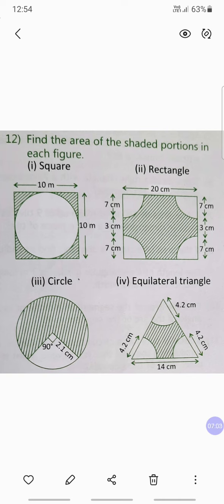After that you can find the area of the circle. So find out the area of the square and subtract the area of the circle, and you can get the area of the shaded portion. Likewise you can solve the second question also. In the third one, find the area of the circle and subtract the area of the sector, and you can get that. Similarly question number 4 can also be done. So we can solve these questions, and let's complete this exercise. Thank you.